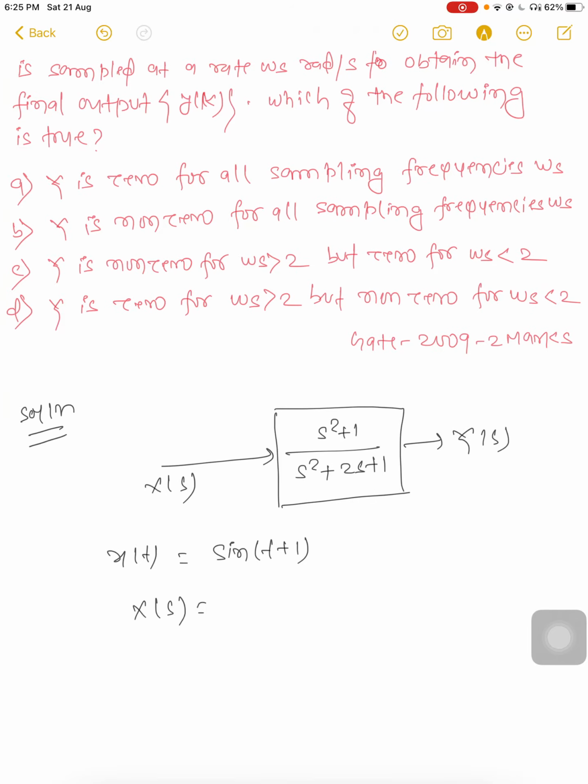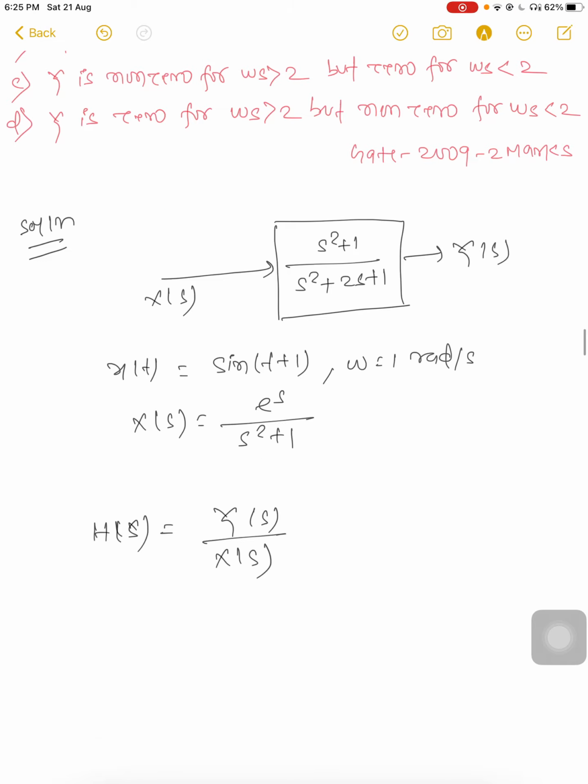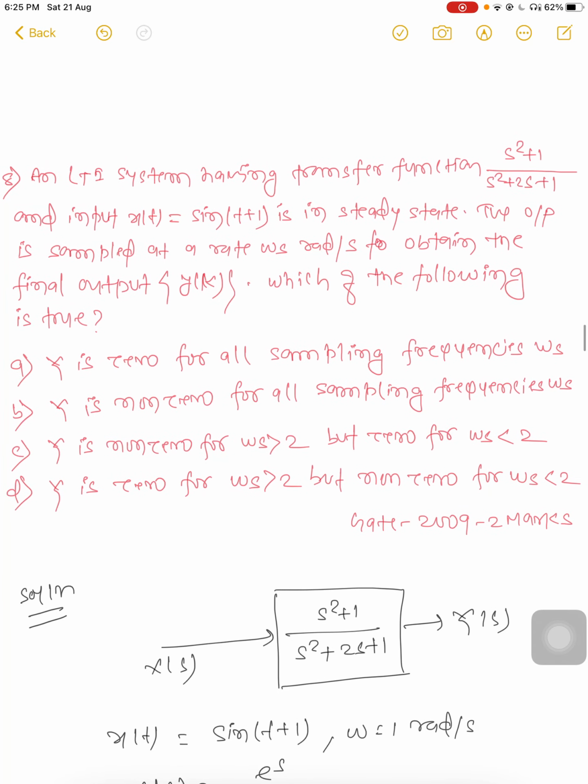Then X(s) will be, with omega equal to 1 radian per second, e to the s times 1 upon s square plus 1. Then the transfer function H(s) will be Y(s) upon X(s). So Y(s) is equal to H(s) into X(s).